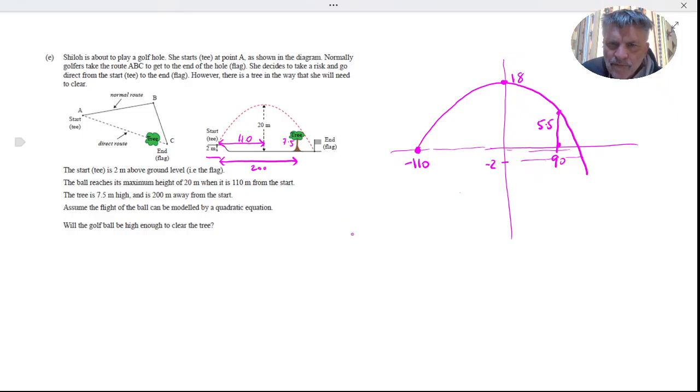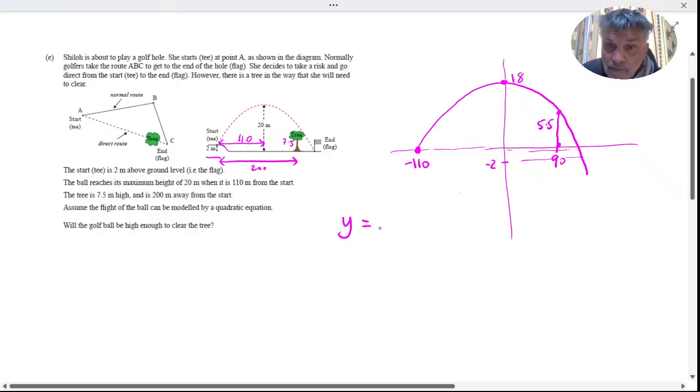So again, there's more than one way to do this model, but one model for that is y equals a x squared plus 18. So we've got a basic parabola which usually goes through the origin.